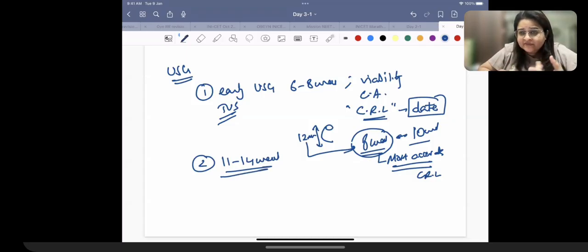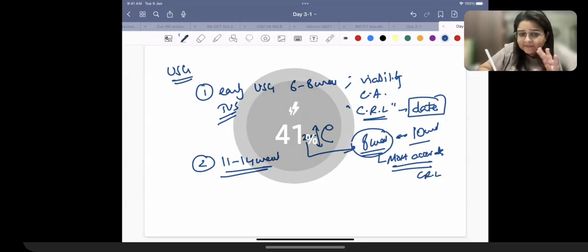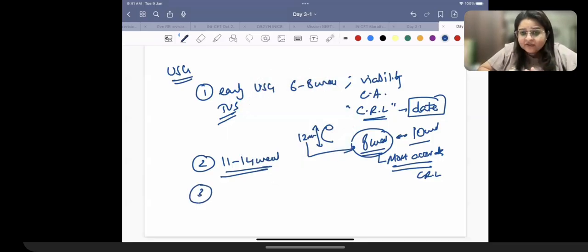So many things we see. We see Down syndrome screening, prediction of preeclampsia. We do cervical length. We also look at the chorionicity in twin pregnancy. Okay. Third, what will you do? Third, will do a scan at 18 to 22 weeks. This is called the TIFA. What is TIFA?